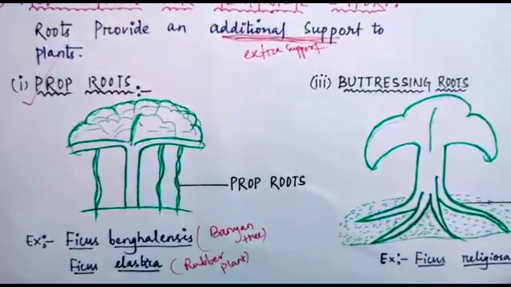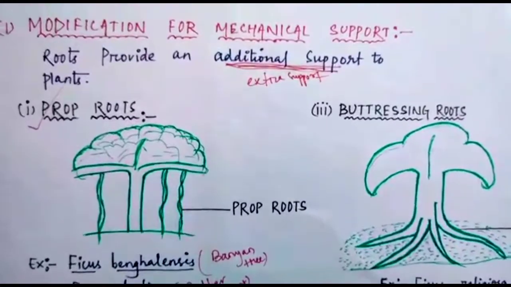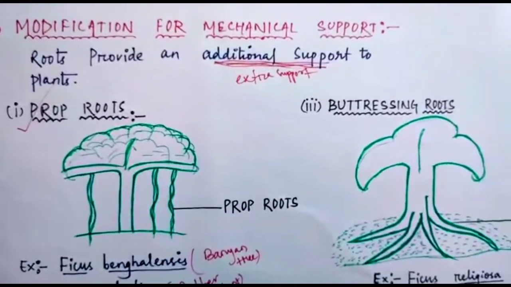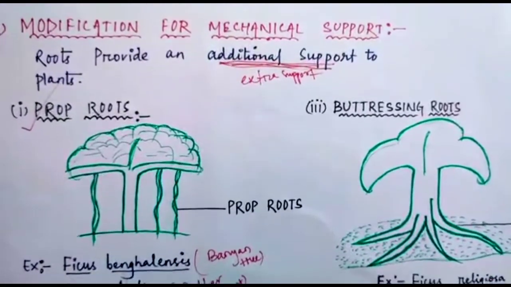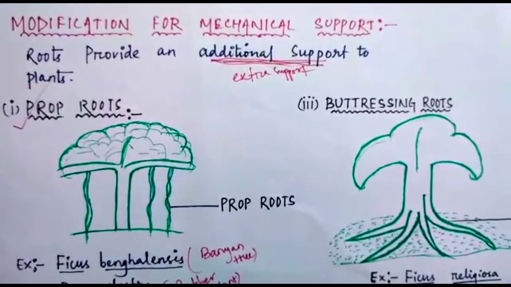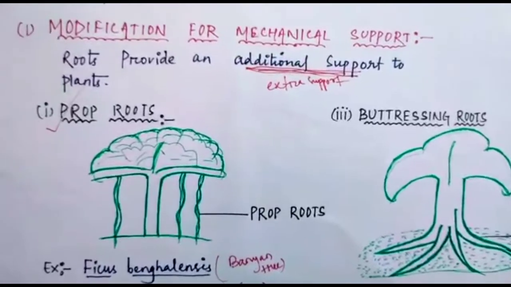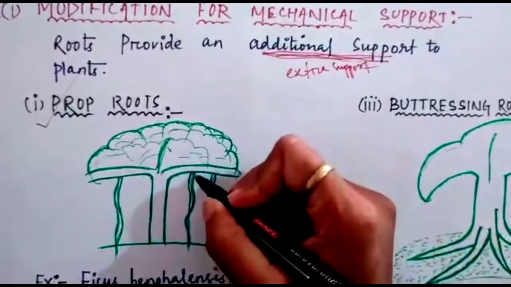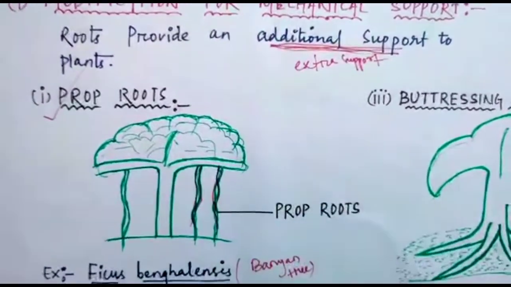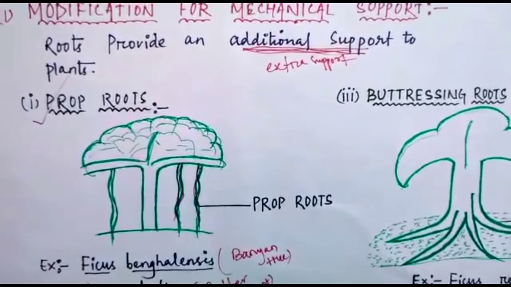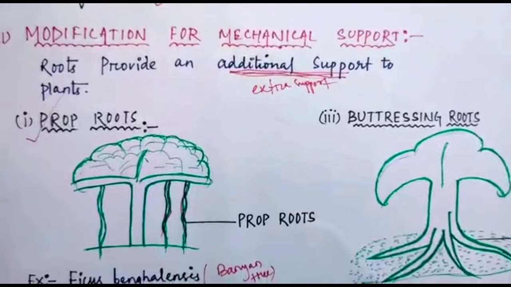If we take the example of a banyan tree, the trunk is very thick and also the branches are thick. To provide the extra support or the additional support, the prop roots arise from the stem. So these are the prop roots and it arises from the stem. So these prop roots is the characteristic feature of the adventitious roots.